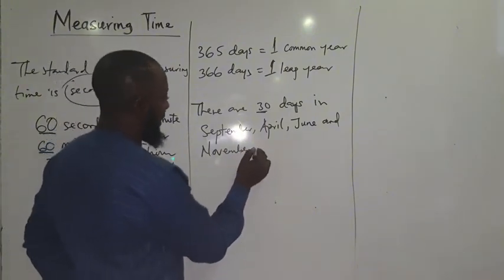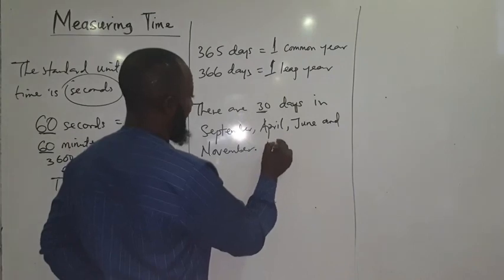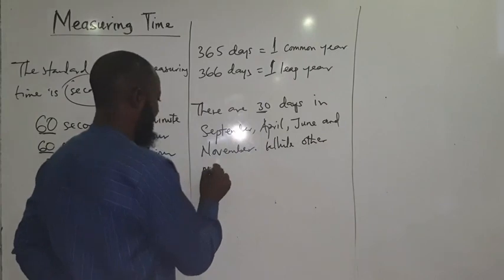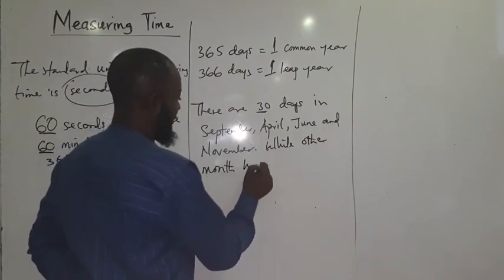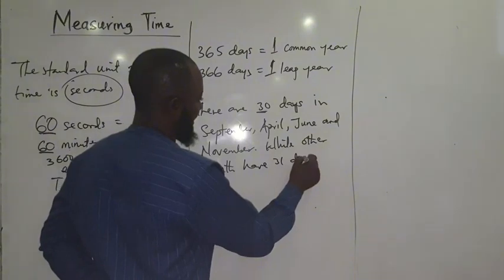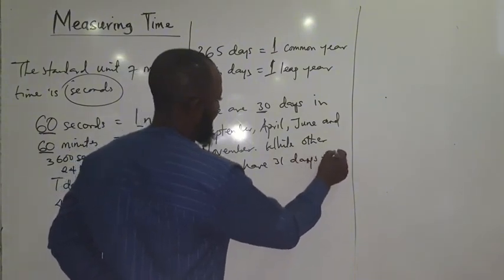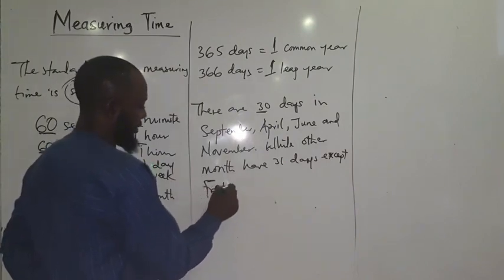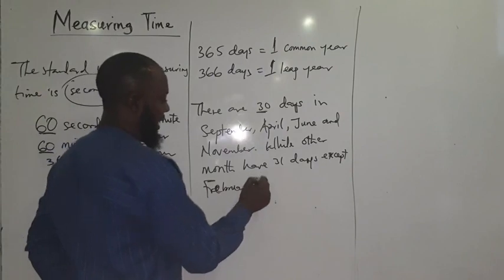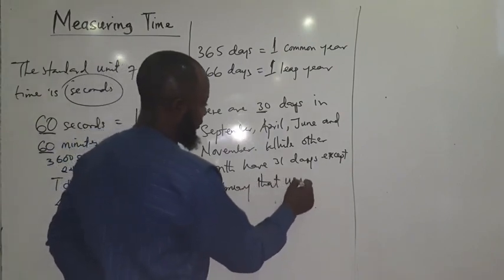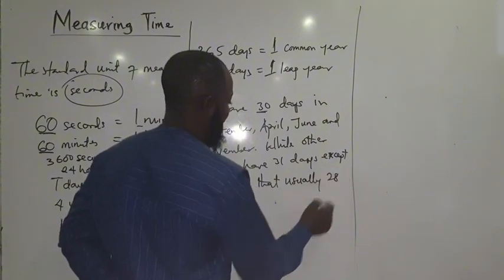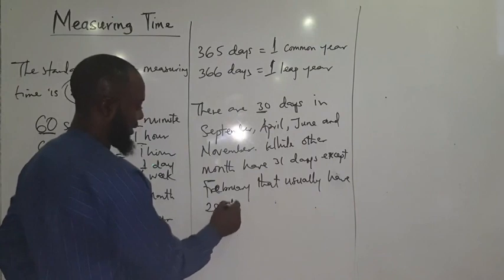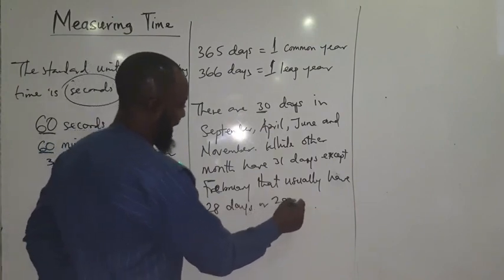So all the other months have 31 days, except February, which usually has 28 days or 29 days.